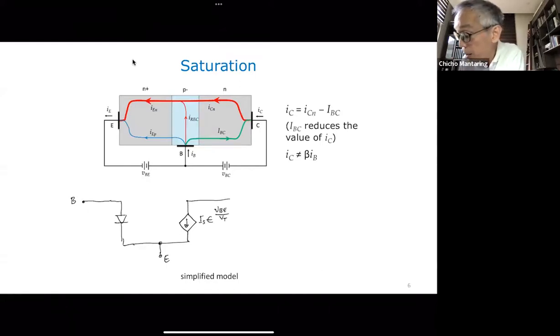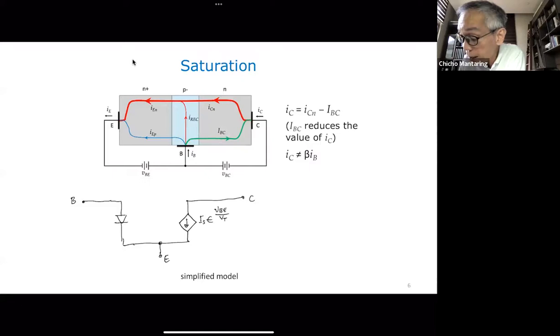So this is now my collector. Now what about this component of current? This is from my base to collector. Okay. This component of current from Shockley's equation is going to be proportional to VBC.